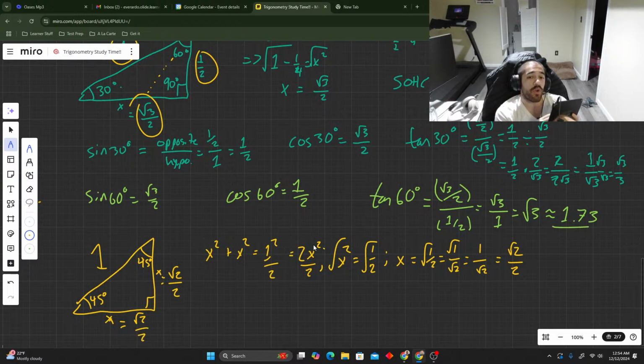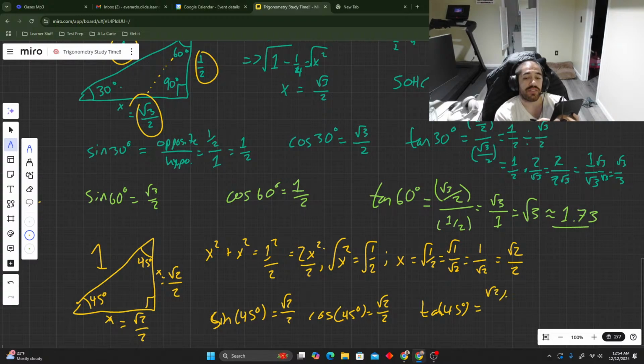So now you repeat this whole process, giving you whole new values. Sine of 45 degrees is equal to square root of 2 over 2. Cosine of 45 degrees is equal to the square root of 2 over 2. Tangent of 45, you can imagine it's this divided by this.